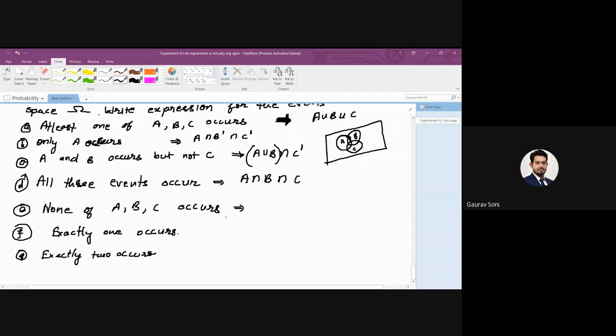So none of A, B, C occurs means A union B union C complement, right? Which can also be written as A complement intersection B complement intersection C complement. So none of the events will occur. Exactly one occurs.